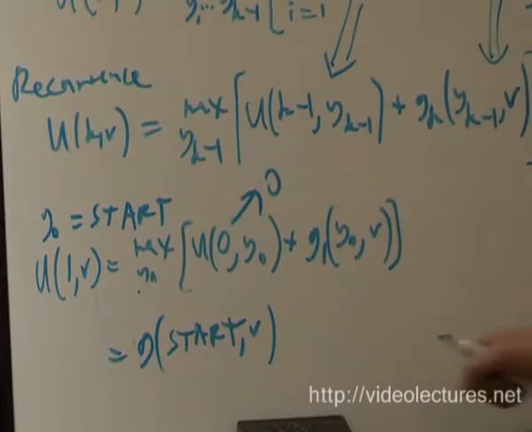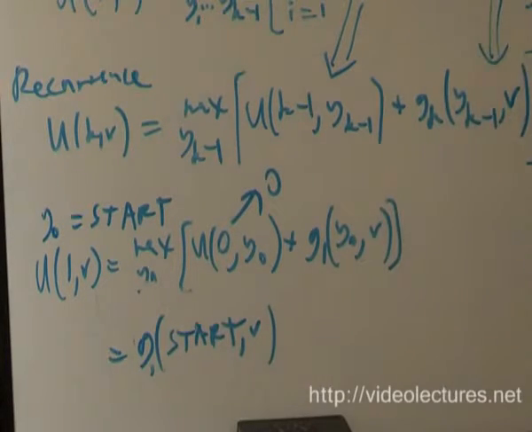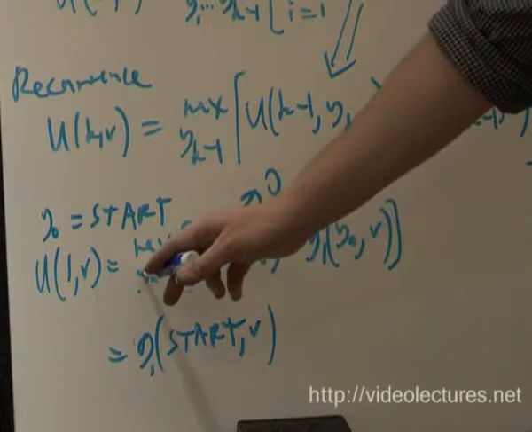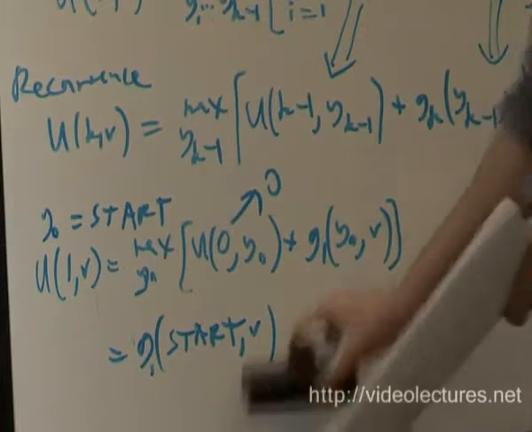So for U1V, it's just G1 of start V. It's a trivial case because there's only one possible Y0.